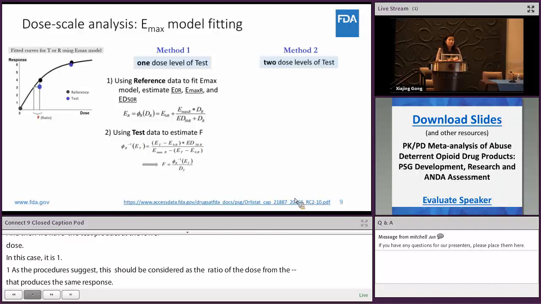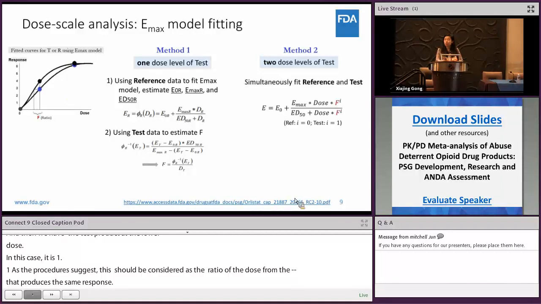And the second method is used in the cases where two dose levels of test are available. In this case, you simultaneously fit the dose response curve for both reference and test. And for more details, again, you could follow this link to look at all the equations and the more detailed description of this method.